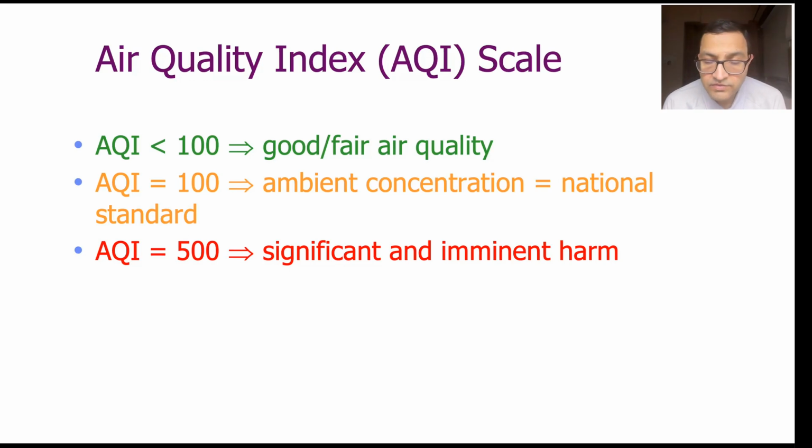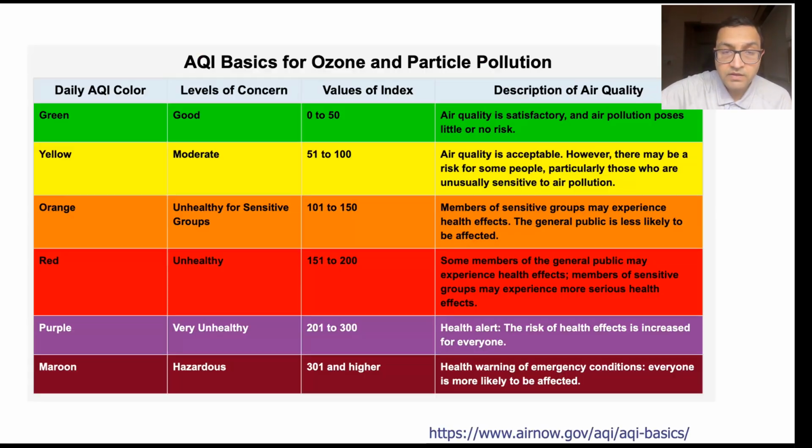So anywhere between 0 and the standard concentration, or the highest allowable concentration, the AQI is 100 and below, which is considered good or fair air quality. An AQI of 100 means that we are at the national standard, and anything above that would be harmful for human health. And 500, for example, would be significant and imminent harm.